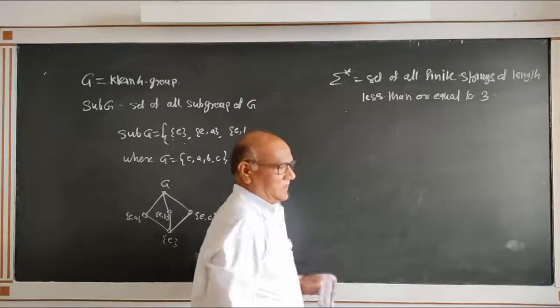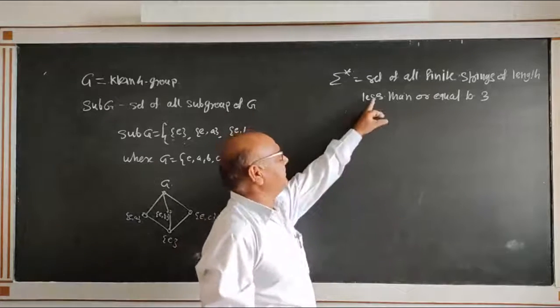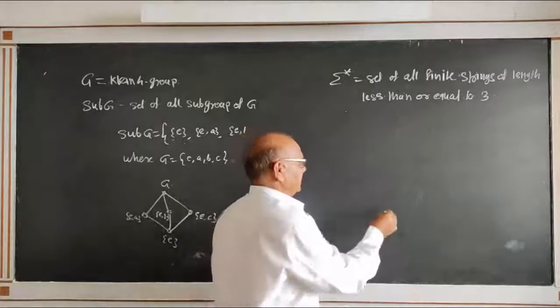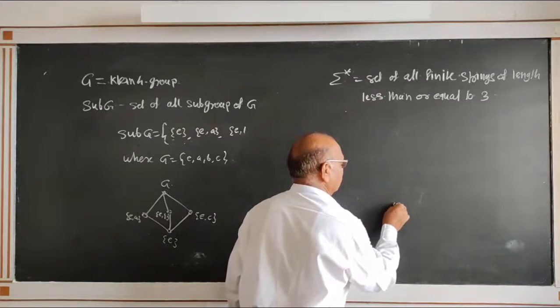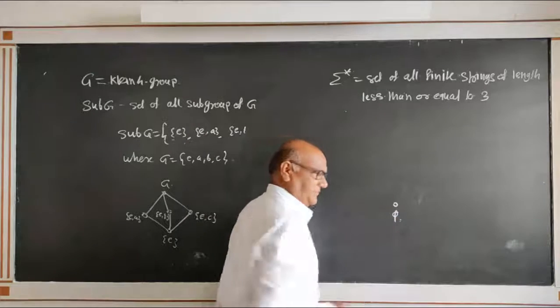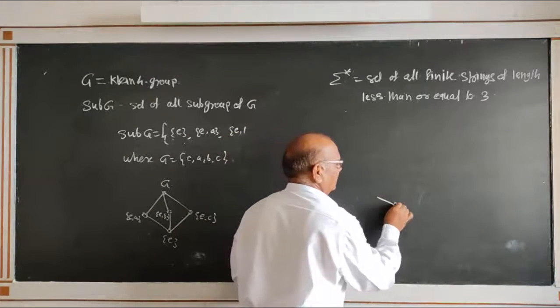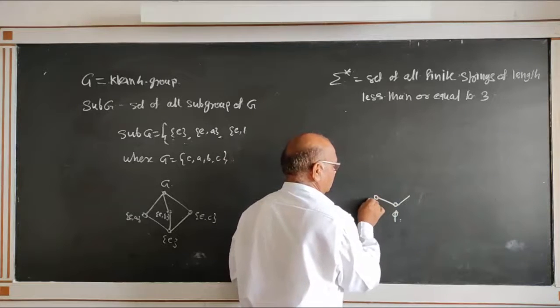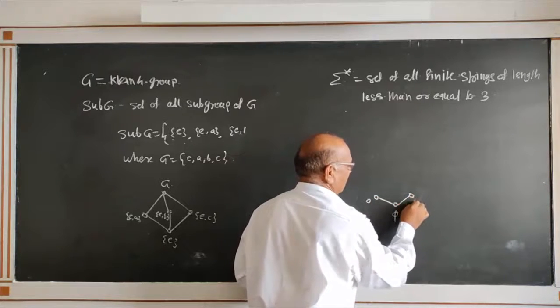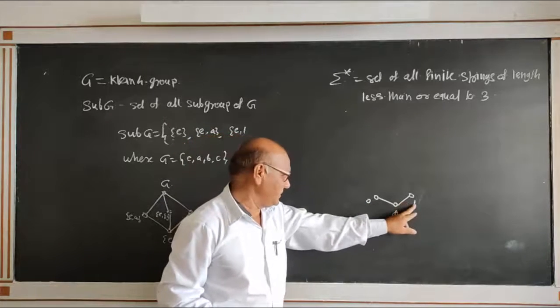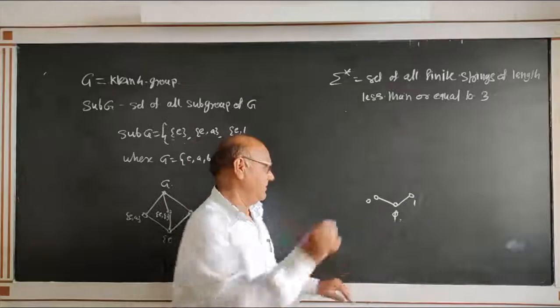In this set, the empty string is included, starting from the empty string. Now, 0 and 1: 0 is a string of length 1, and 1 is also a string of length 1.